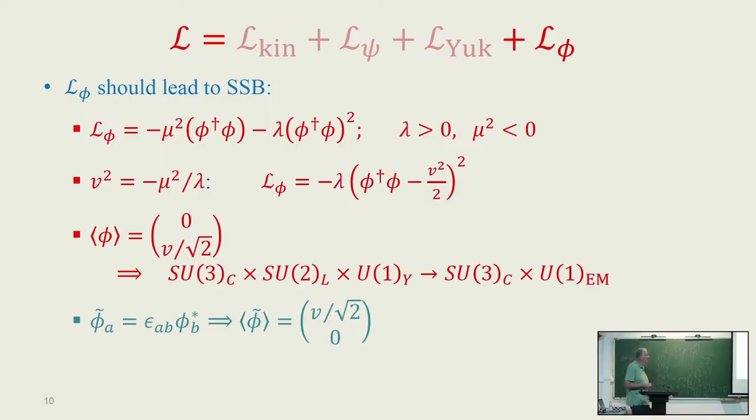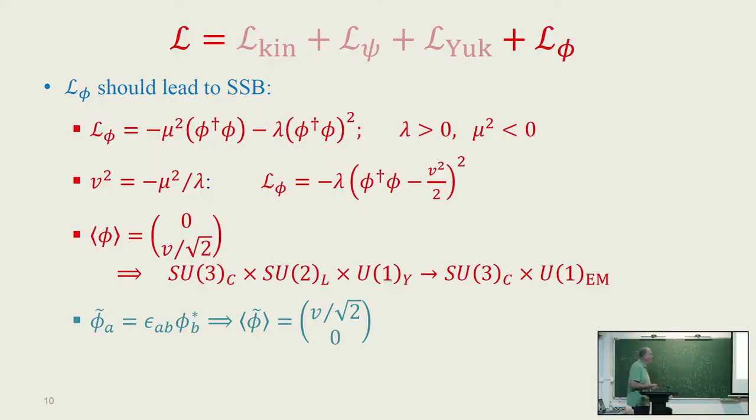And for SU(2) cross U(1), we've already seen that it breaks to the subgroup of U(1) electromagnetism, and we proved that it's not any U(1), but it really fits the properties of U(1) electromagnetism, not by chance. The model is constructed to have in the end the U(1) electromagnetism, the massless photon, electromagnetic interactions. We want it to be part of the model, and we chose the quantum numbers so that it happens.